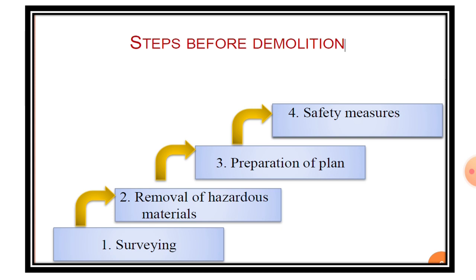The survey covers the type of structure, as I have discussed earlier, then the location of the building and what sort of plan the building has. After that comes the removal of hazardous material inside or outside the building, which you should know about. Then, in the third step, comes the preparation of a plan, what sort of procedure should be followed while demolishing the structure.